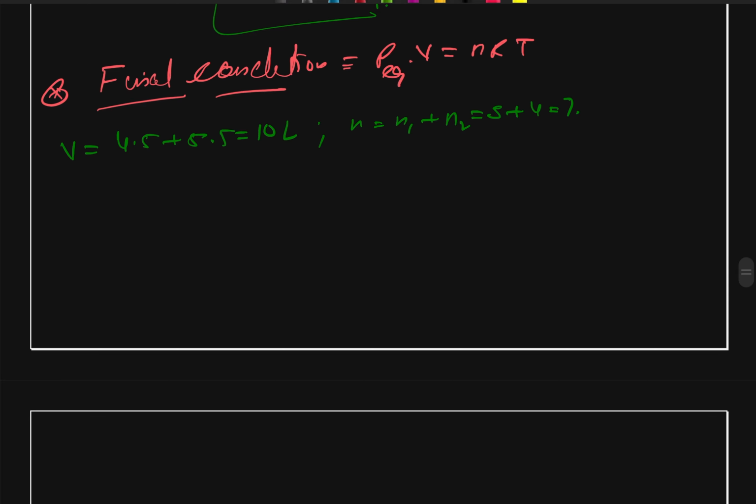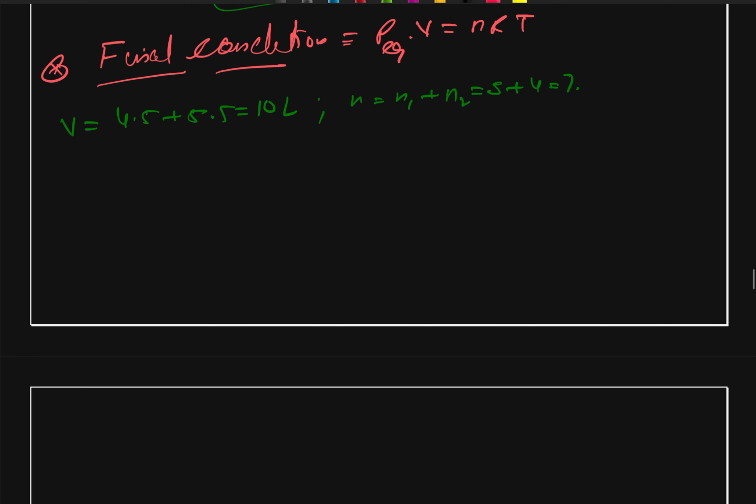And so we can write that N1RT plus N2RT will be equal to P1V1 plus P2V2.